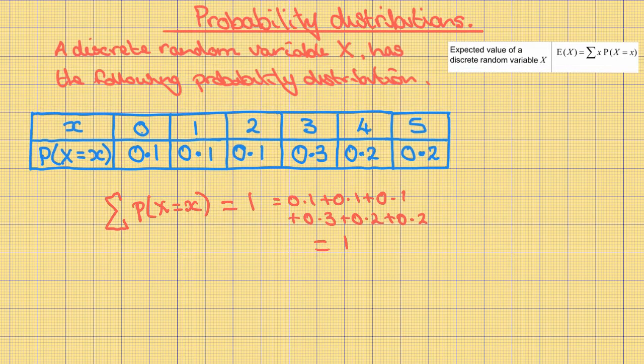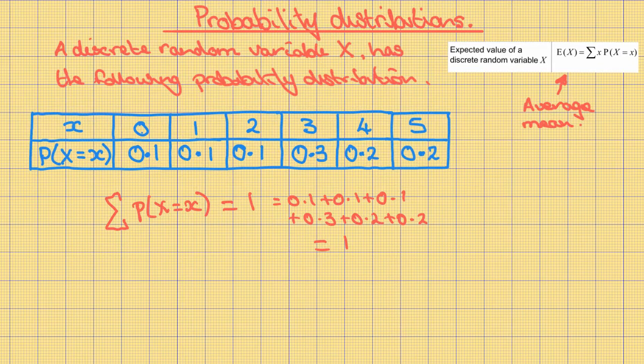Another typical question is to be asked to find the expected value. And the expected value is another way of asking what is the average, what is the mean. But what do we mean by the expected value? Well, what they're looking for is if you chose a student at random who had done this test, what score would you expect them to get?